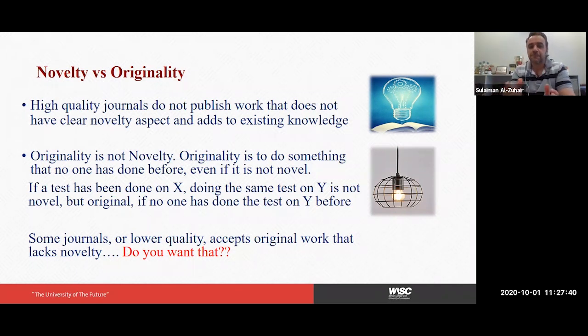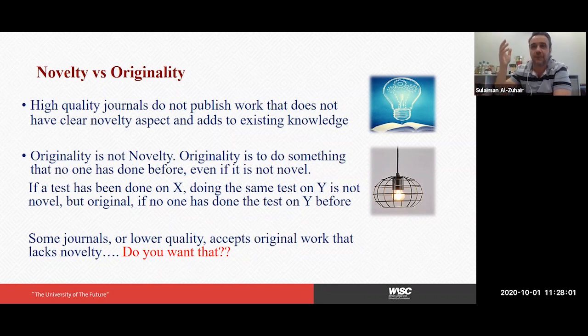For example, if a test is done on material X, you've done the same test on material Y. Nobody has ever done the same test on material Y. This is considered an original work, but it's not novel because you did not add anything new to it. It's just repeating what other people have done.